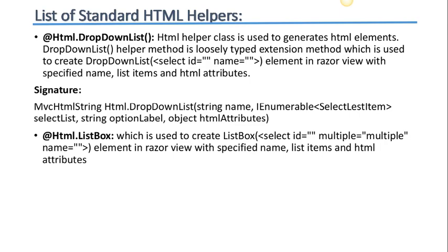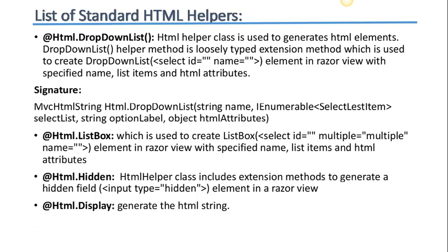It has an option called multiple, so we can select multiple values from the list box element, and it will generate the list box element in a razor view with a specific name, list item, and the HTML attribute. And next are the hidden field and display. We are going to understand both also. What is the use of hidden field?